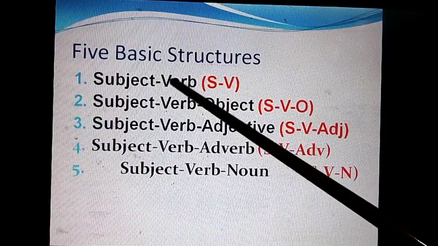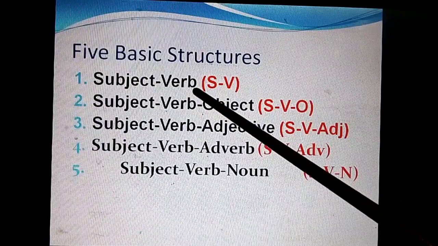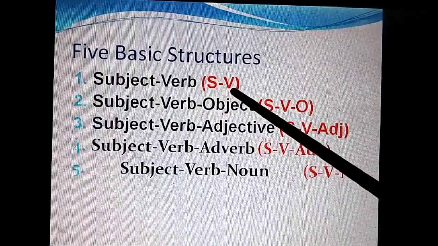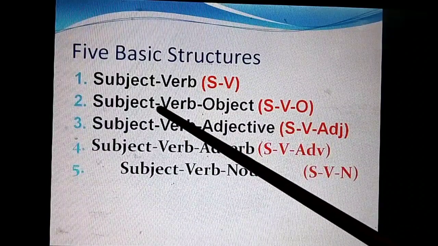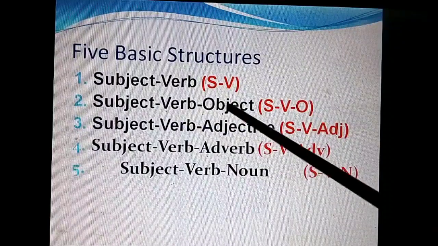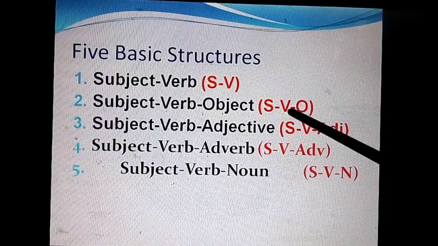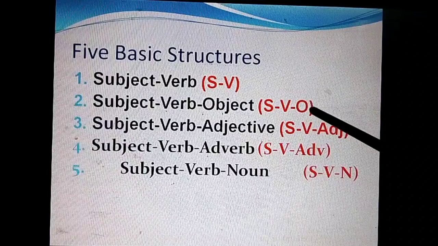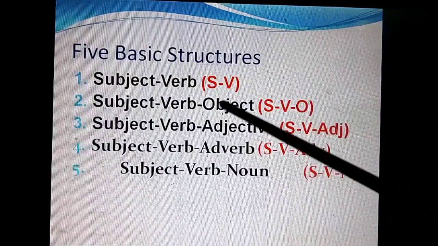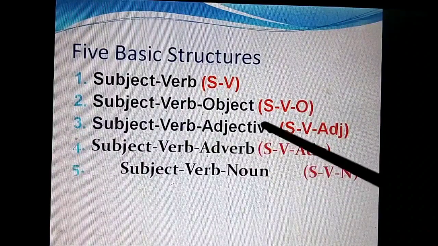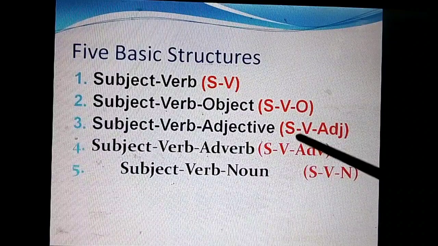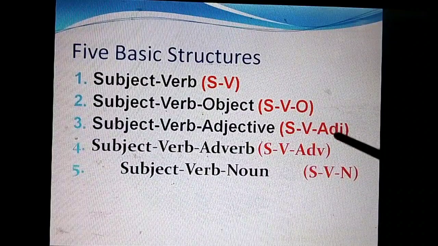The first one is the subject verb. It is represented by SV combination. The second one is subject verb object. It is represented by subject verb object, SVO, and then subject verb adjective, and it is represented by SVADJ.